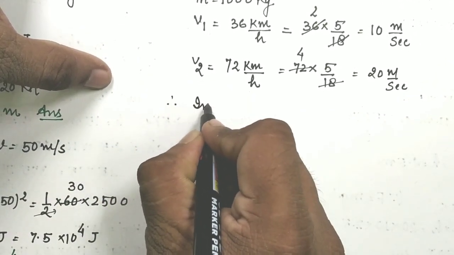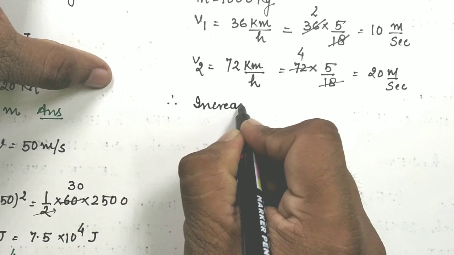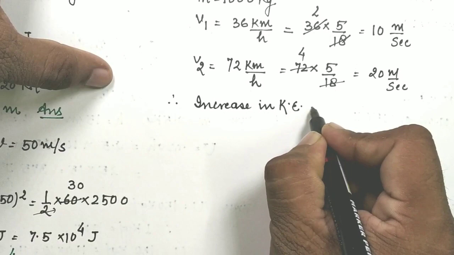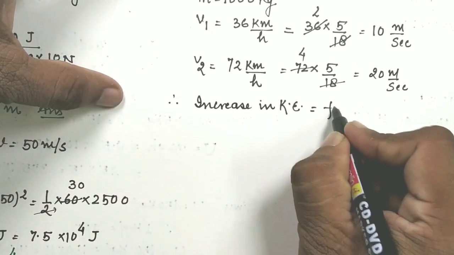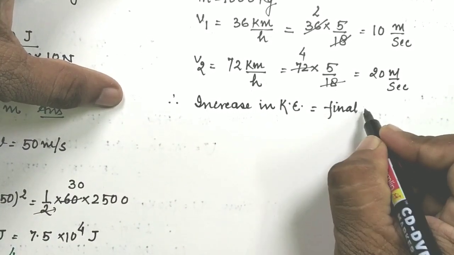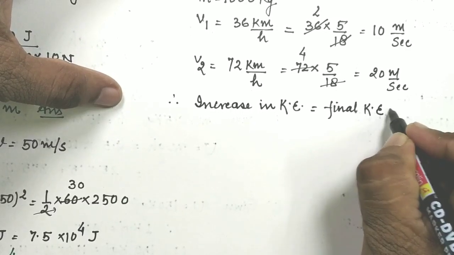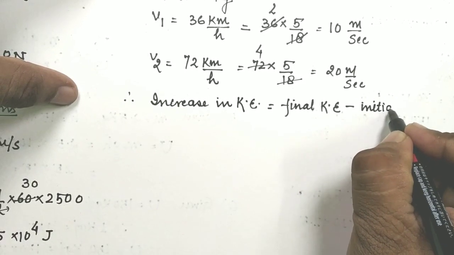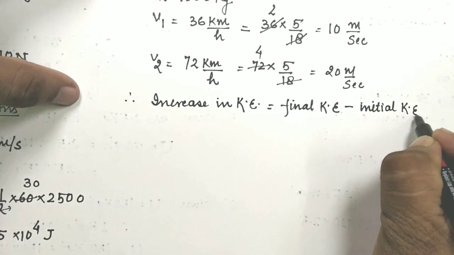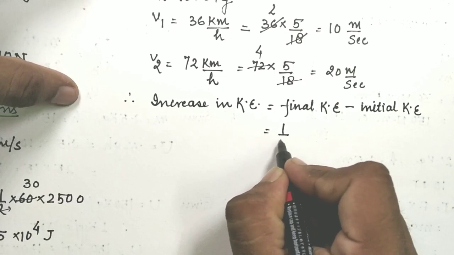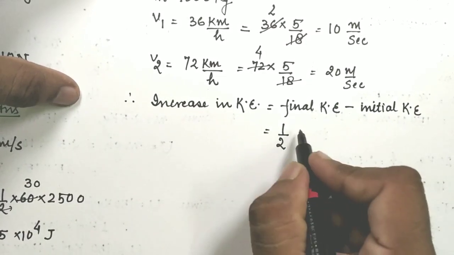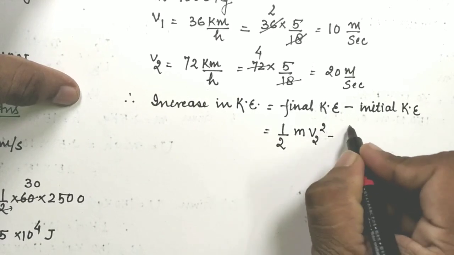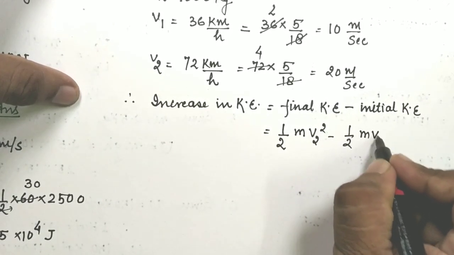Therefore, increase in kinetic energy is equal to final kinetic energy minus initial kinetic energy. So how much is the final kinetic energy? Students, it is half m v2 square minus half m v1 square.